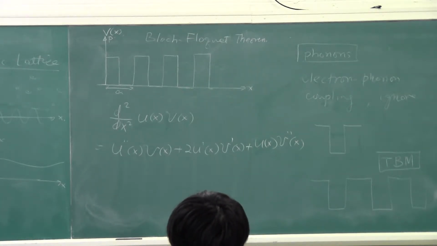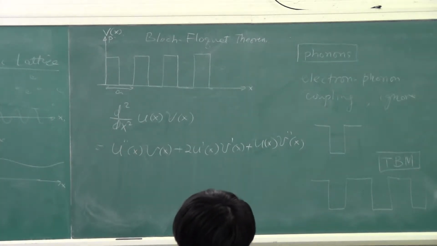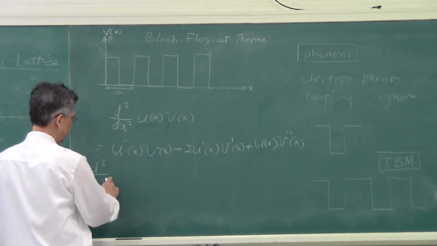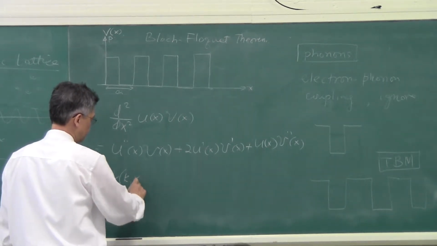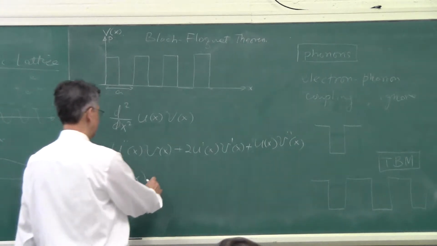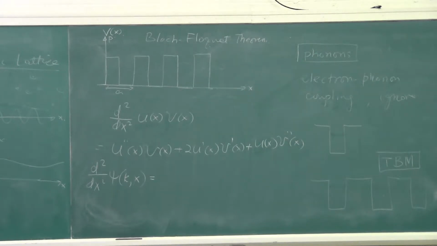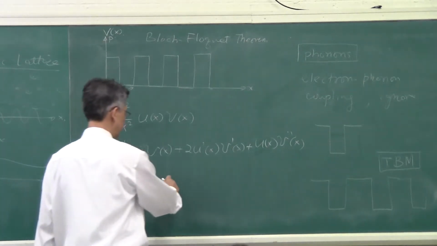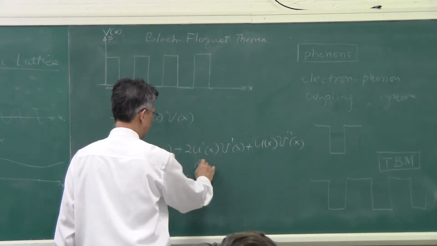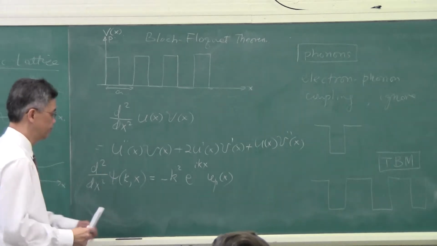Okay, if we use this and then figure out what this should be, we find that if I differentiate the first term twice, I get minus k squared e to the ikx u_k(x). That's the first term.